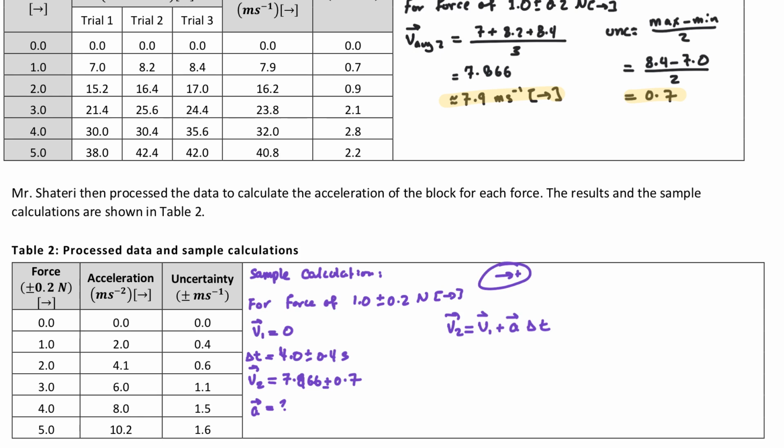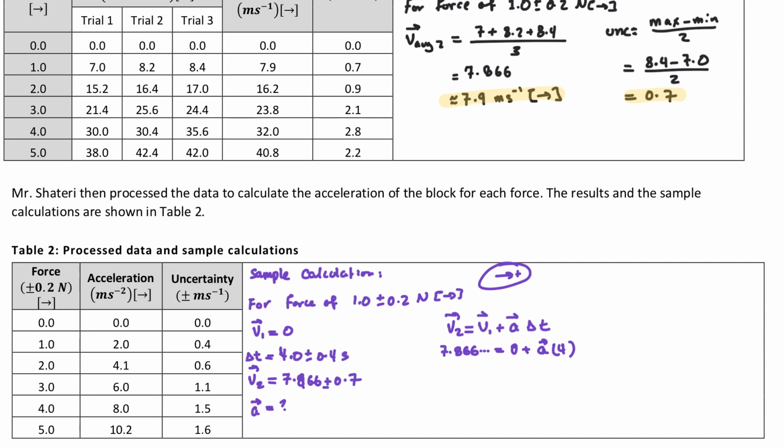And velocity 2, I'll plug it in: 7.866 is equal to my velocity 1, which is 0, plus my acceleration multiplied by the change in time. And the change in time is actually 4 seconds. You don't have to write the uncertainties when you're doing this step. You're just finding the actual measurement. So this is going to be 4.